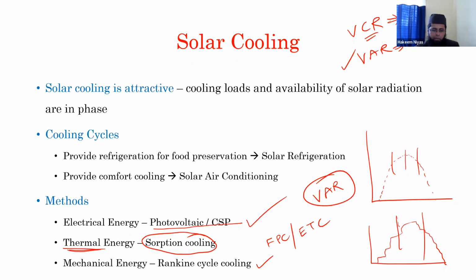In that way, we can get a cooling effect. So these are the several methods available. It is possible to obtain even very low temperatures, so refrigeration is also possible. Solar air conditioning is very common nowadays, and refrigeration is also possible.